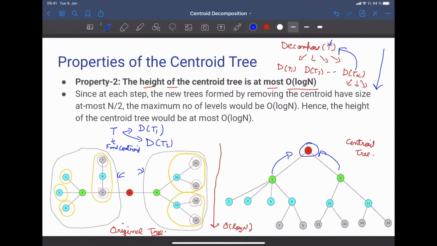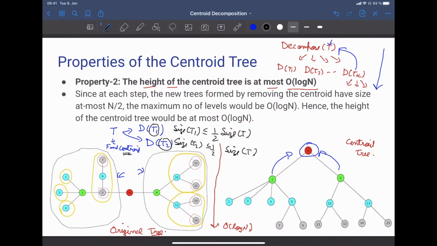By the definition of centroid, every time you remove the centroid, the smaller trees formed have size less than or equal to half the size of the original tree. So the size of T1 will be less than or equal to half the size of T. Similarly, the size of T2 will be less than or equal to half the size of T.